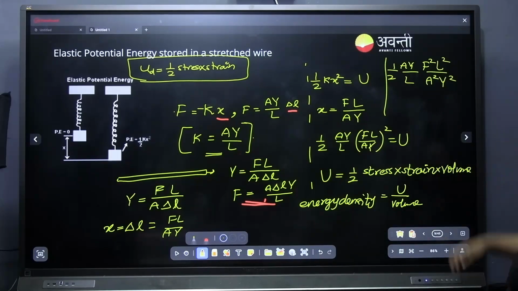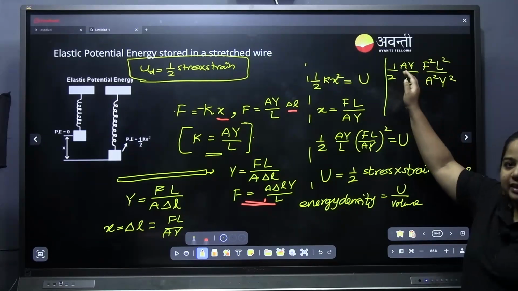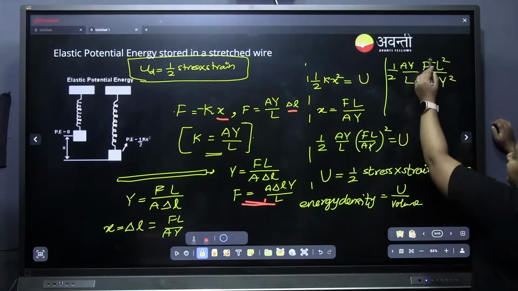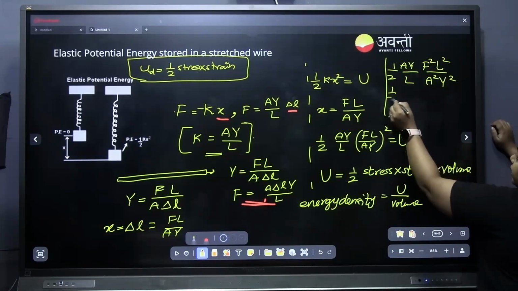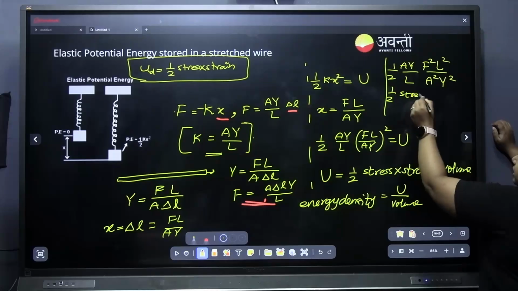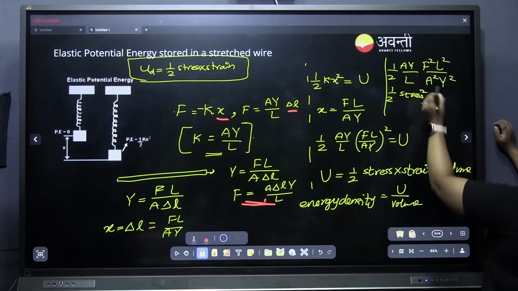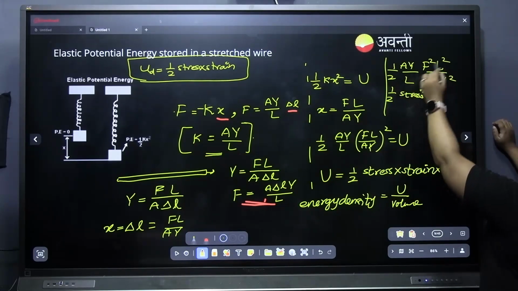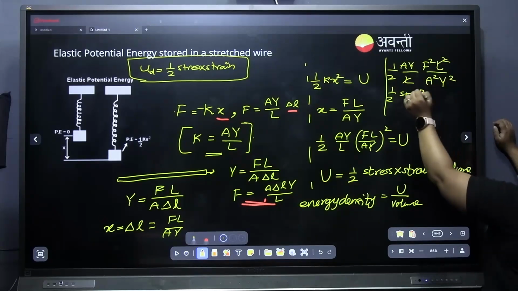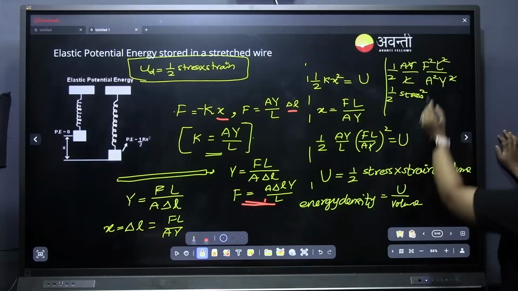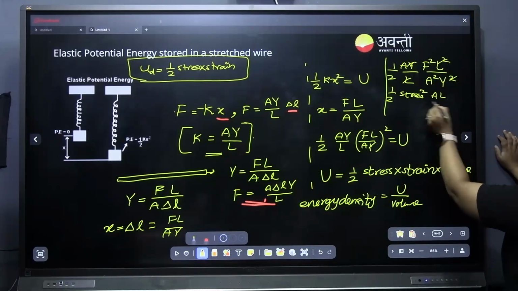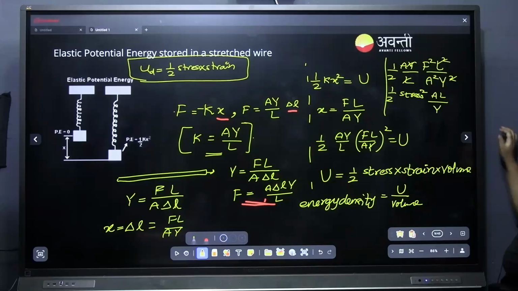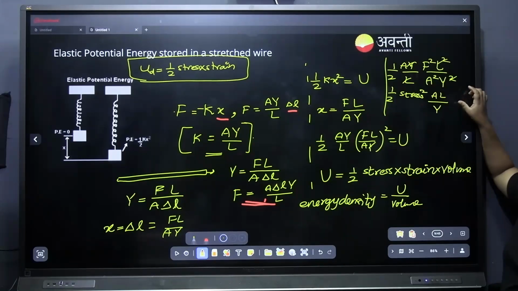Okay. So by cancelling the other things and all, we will get F square by A square, which we can write as stress square. Then we will have L square, L cancel, Y square, Y cancel. Then what do we have? AL by Y. Area into length I am writing as volume.